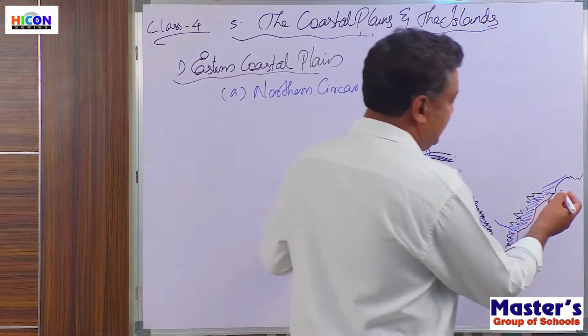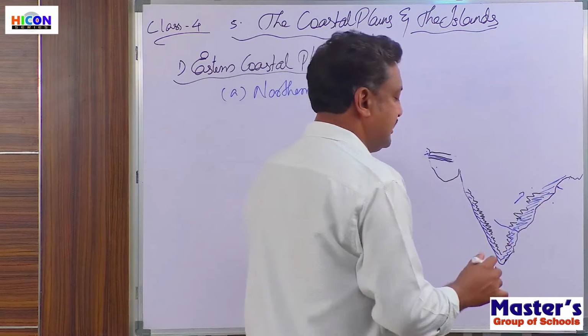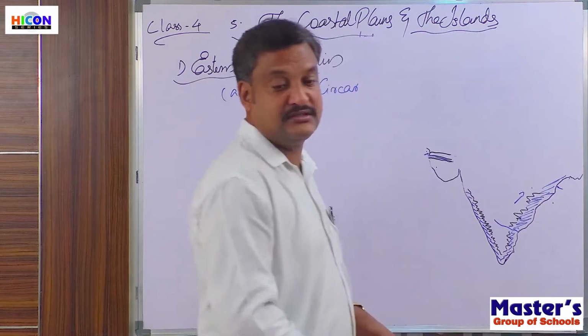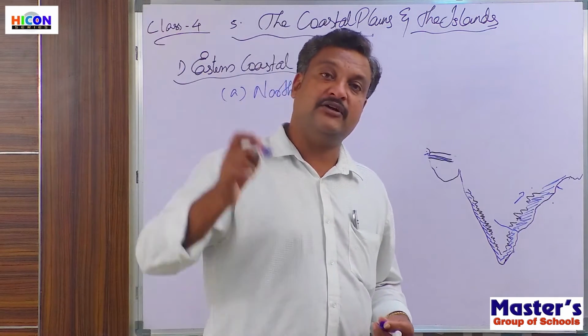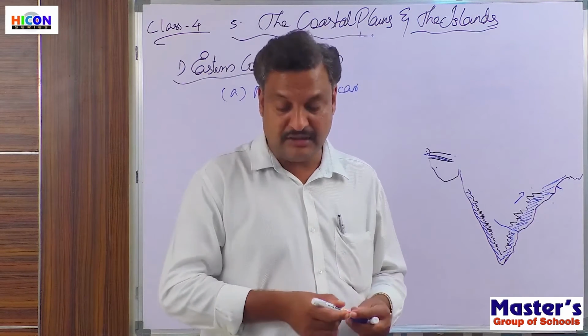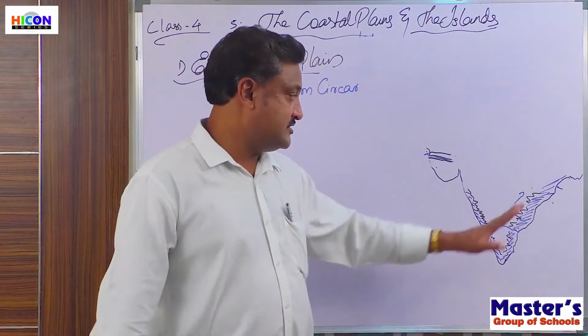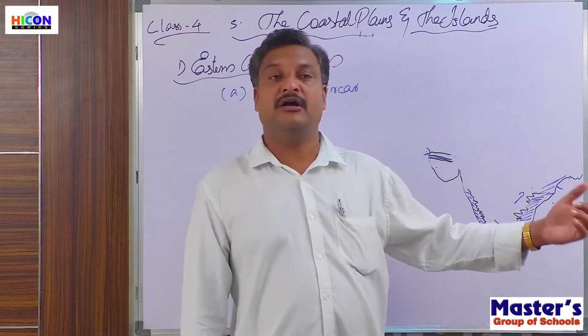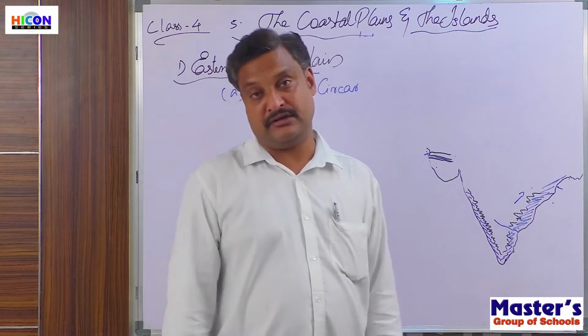So the plain region which lies to the north of river Krishna is known as the Northern Sarkar region. Okay, the northern side of river Krishna is known as the Northern Sarkar region. So parts of West Bengal, Odisha, and part of Andhra Pradesh are in the Northern Sarkar region.